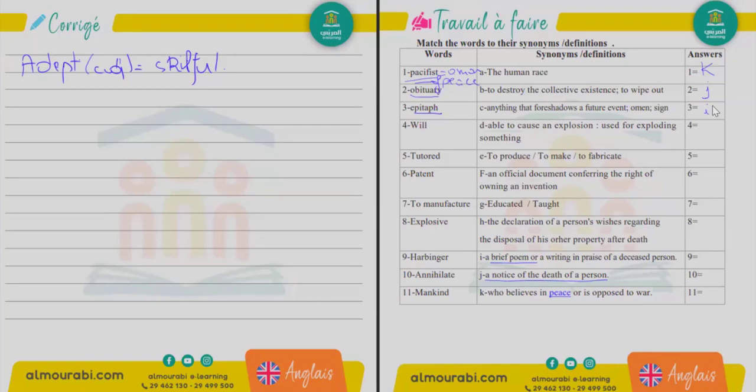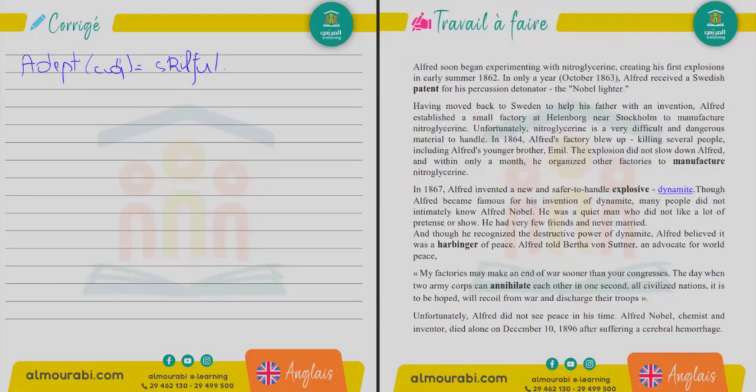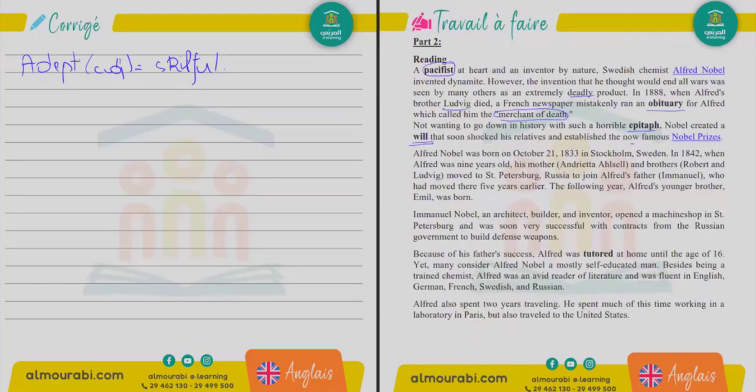He didn't want that epitaph, the merchant of death. He didn't want people to remember him as the merchant of death. That's horrible. So that's why he created that will.